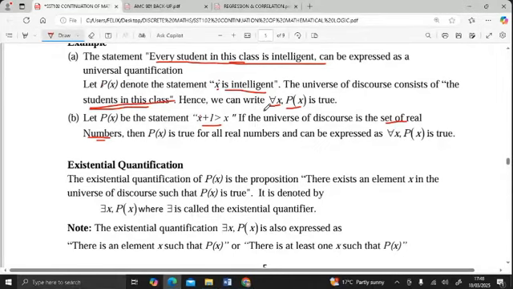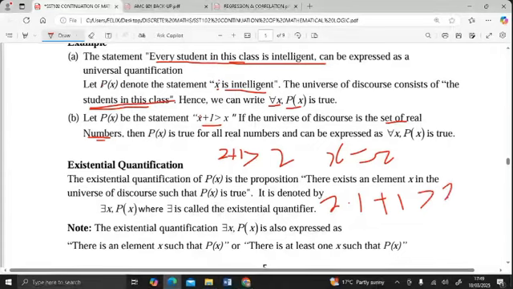Now, we look at this. Let P(x) be the statement x plus 1 is greater than x. If the universe of discourse is the set of real numbers, I think this is true. Whenever you pick any real number x, the domain where we get this x from is the set of real numbers, and it always applies to every real number. Isn't it true that when you increase any real number by 1, it will be greater than that original real number?